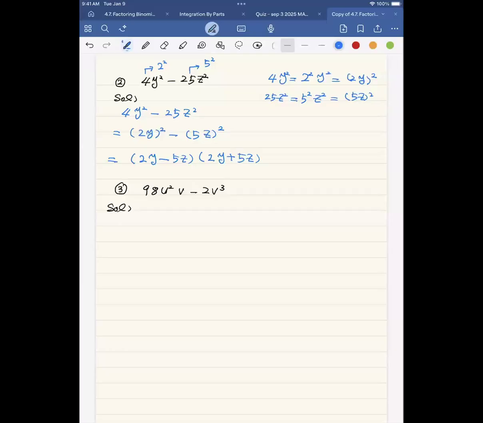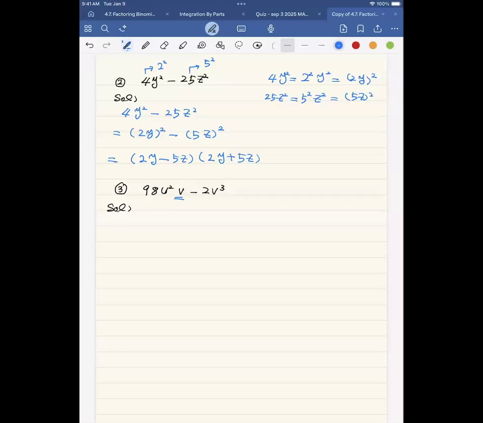This is a binomial, and definitely it is not a difference of squares pattern, but after you take out the common factor, you realize that this is also the pattern of a difference of squares.